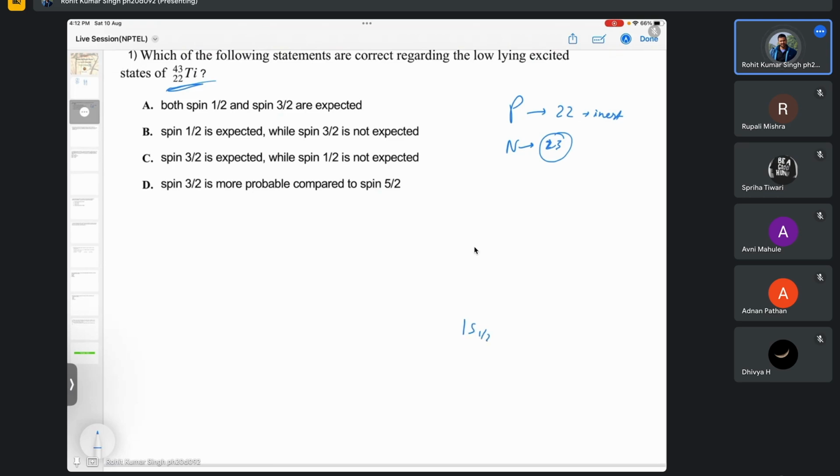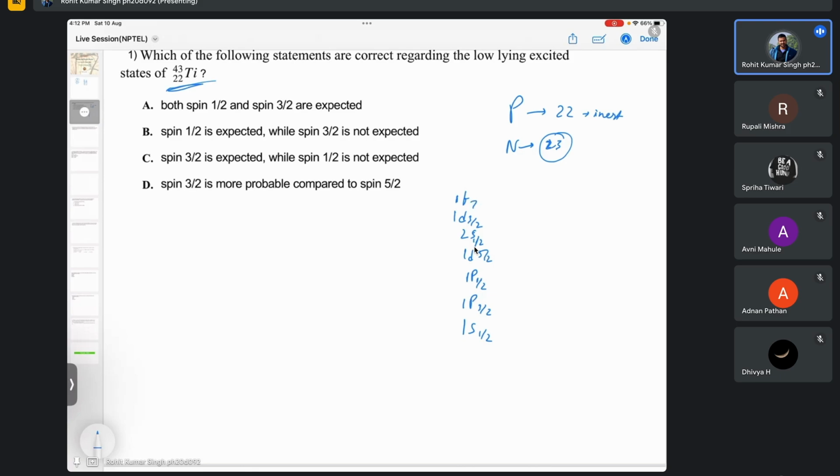So again, 1s half, 1p 3 by 2, 1p half, 1d 5 by 2, 2s half, then 1d 3 by 2, and let's write some more.